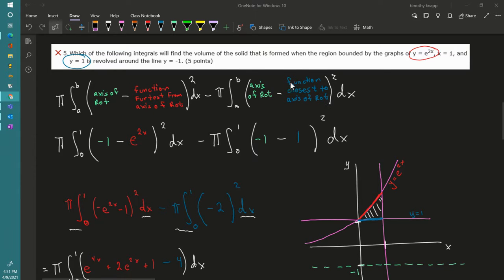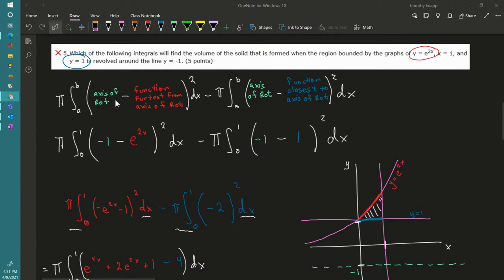In this case, this is the function closest to the axis of rotation. And what you're basically doing is creating a big volume, subtracting out a small volume, and you end up with this smaller area. And then you integrate it from a to b, which would be in this case from here to here. And then because you're doing a pi r squared, what you're actually doing is a rotation there. So this is sort of your general approach.